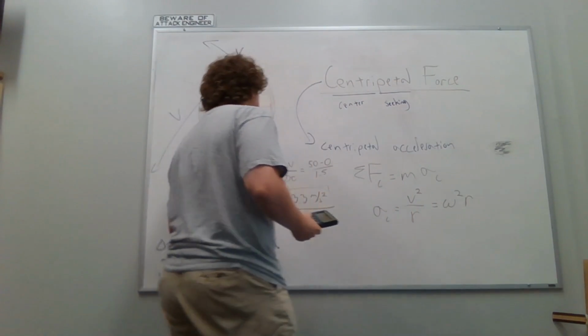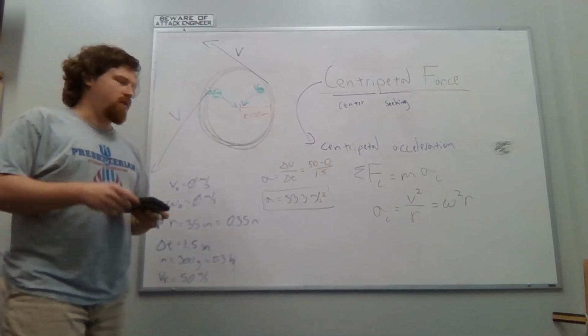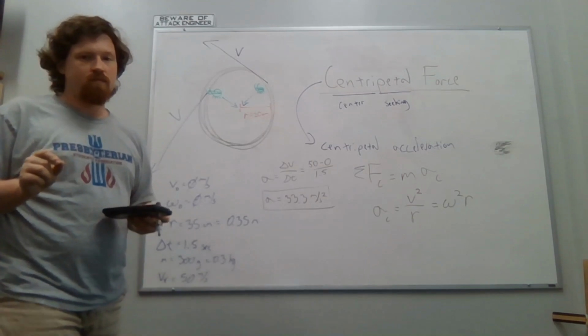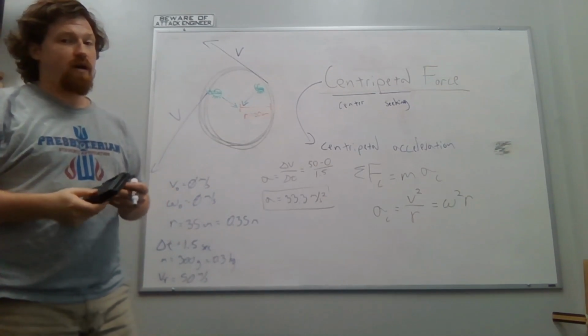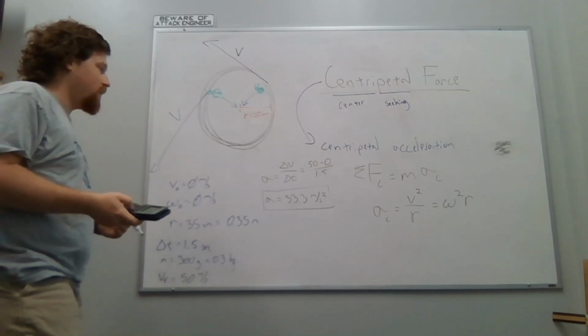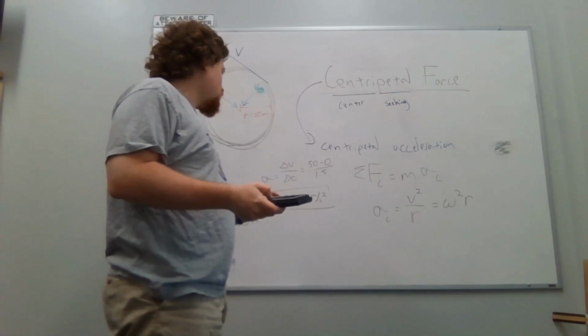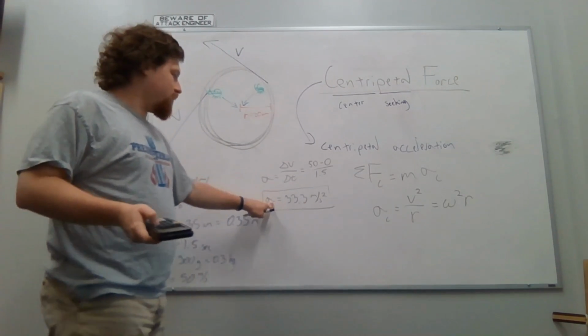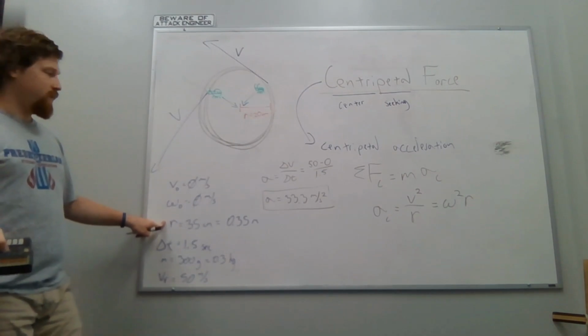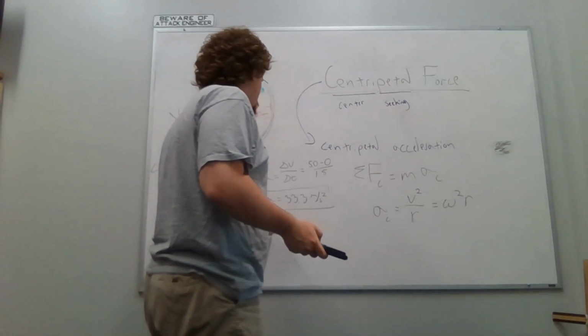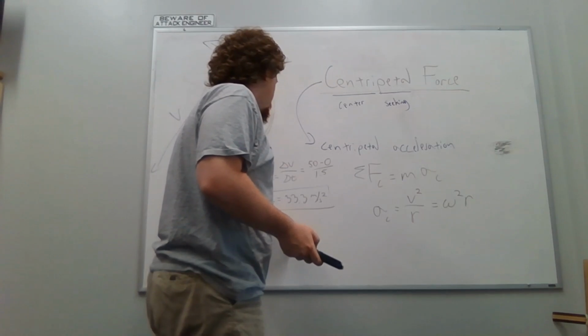So that was the linear acceleration of the rock. Next, the angular acceleration of the rock. We know now the linear acceleration, and we know the radius of the sling, so we can use our formula that converts between linear and angular.